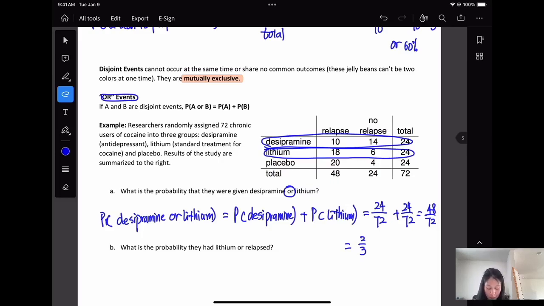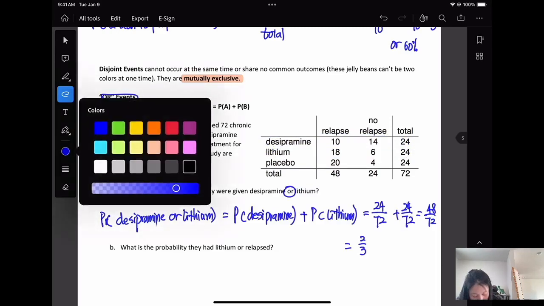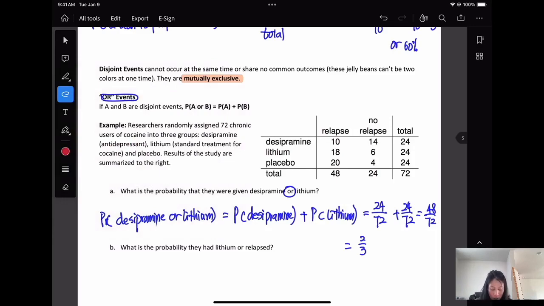Okay, what is the probability that they had lithium or relapse? This one is very interesting. Now let's take a look. I'm going to use a different color. Let's use red. The people who had lithium, in this row, totally 24 people were given lithium, and people who relapsed are in this column, which is 48.